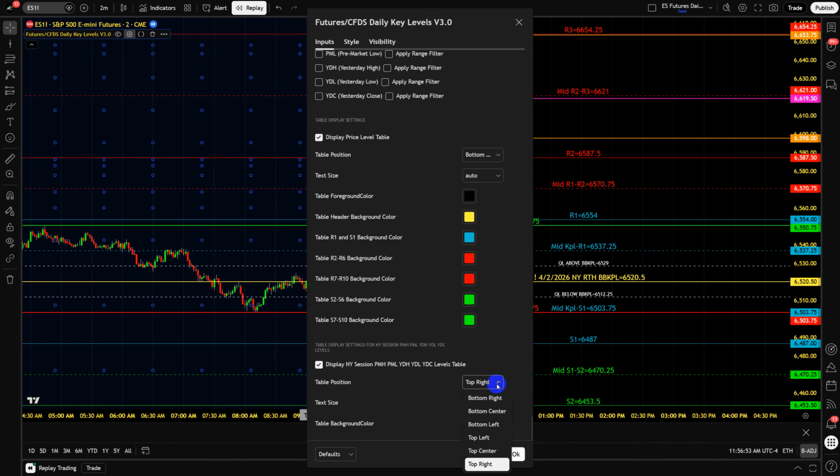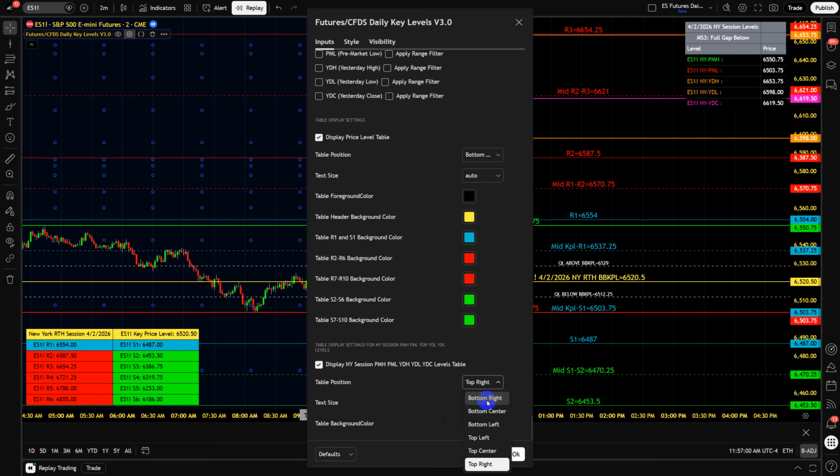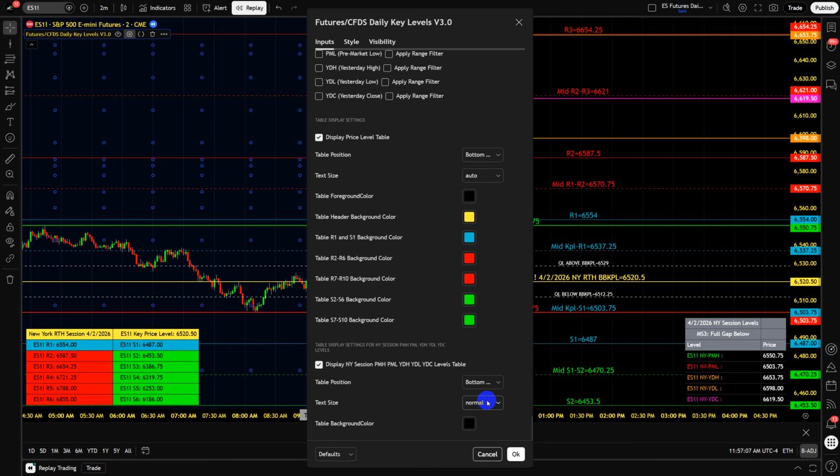Now you can also change the position of this as well. If you prefer not to have it there, maybe you want to have it on the bottom right as an example. And of course you can change the size.